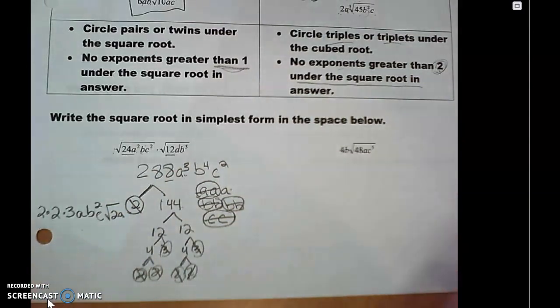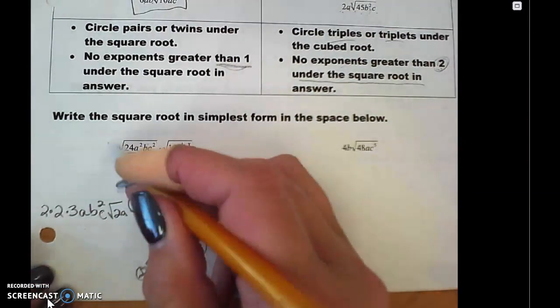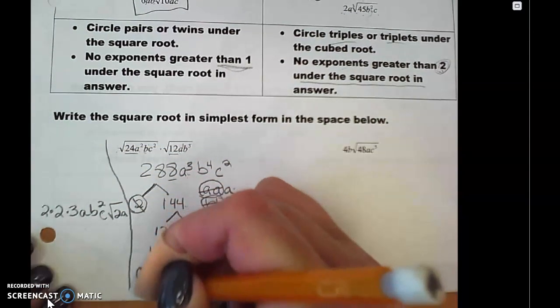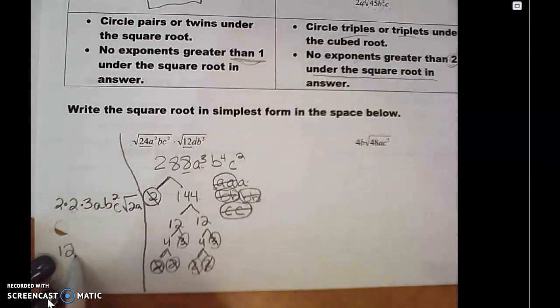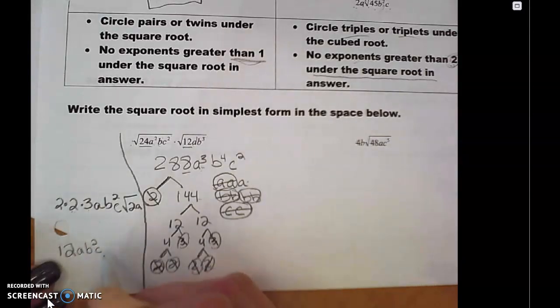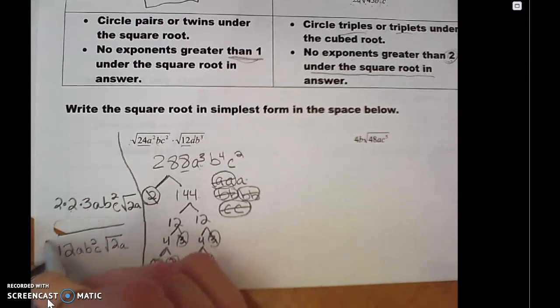All right, I'm going to simplify that a little bit more. Sorry, it's a little bit tight right there. So 2 times 2 times 3 is 12. 2 times 2 is 4. 4 times 3 is 12. And then I just write a, b squared, c. My square root sign, 2a, is my final answer.